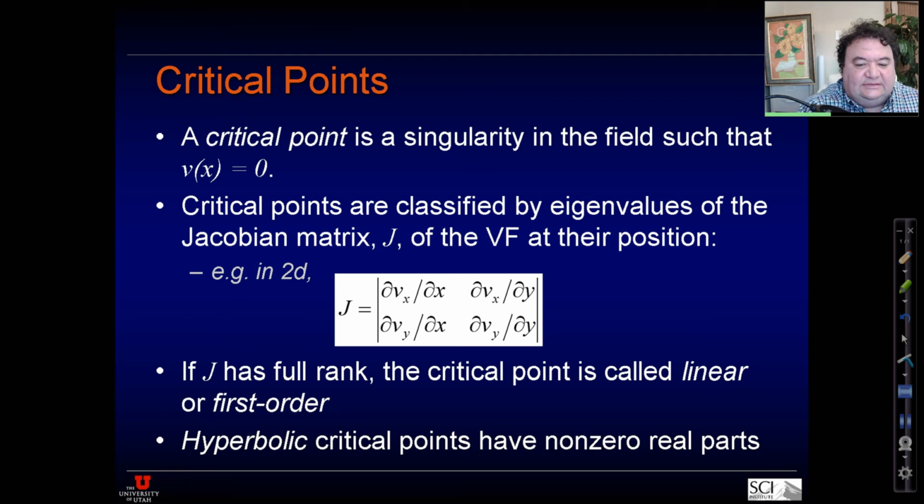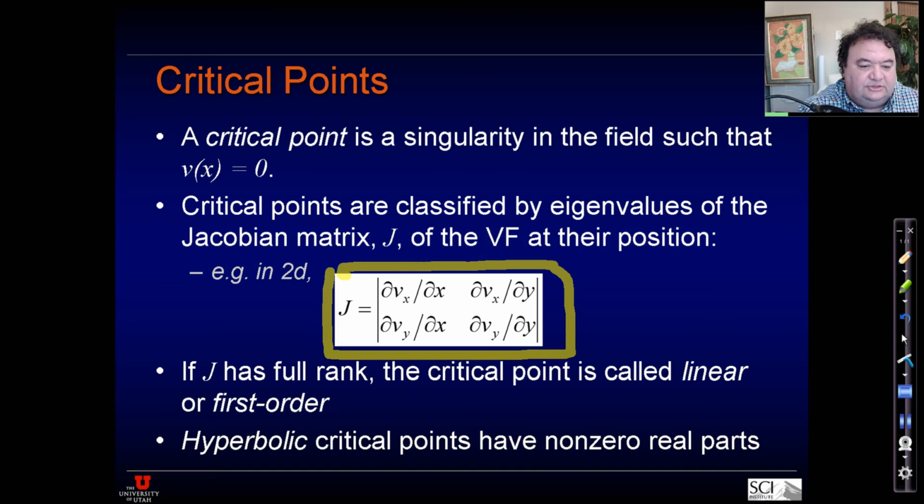Now, as we said, the critical points are where the vector, for example the velocity vector, is 0. Now, if we look at the derivative of that vector, the partial derivatives, we build a matrix called the Jacobian. That would be a 2x2 matrix, and this gives the description of the local behavior in the neighborhood of the critical point.